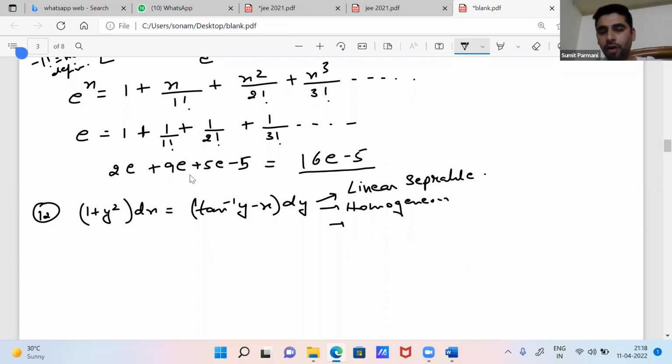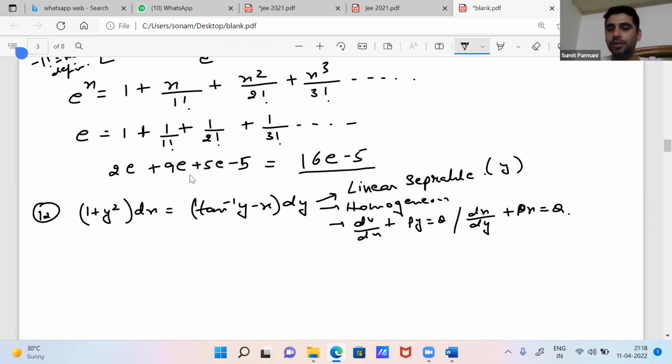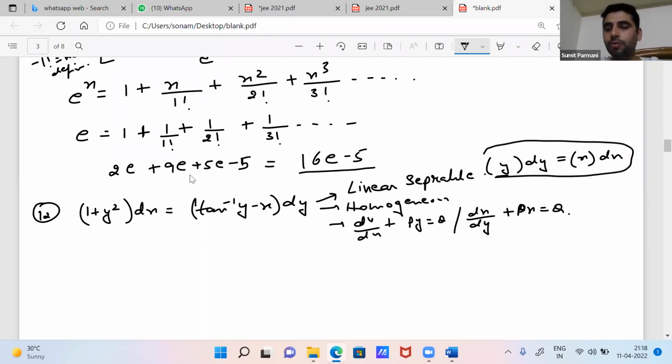Third form is of the form dy by dx plus py is equal to q, or dx by dy plus px is equal to q. Okay, so for separable, it is always given that something of y dy is equal to something of x dx. If this form comes, we can directly integrate.